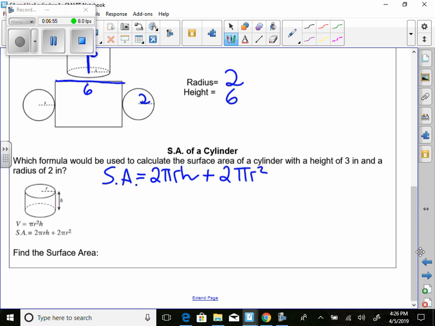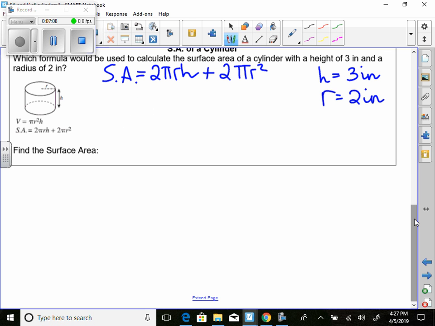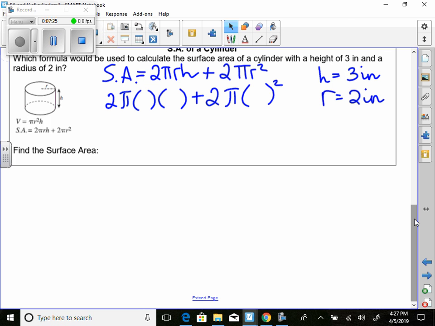So anyhow, the height of our cylinder is 3 inches and the radius is 2 inches. Same exact measurements, we're just looking for surface area now. So the idea is exactly the same as with volume. So we have 2 times pi, then we need to replace the radius and the height with the numbers, plus 2 times pi times the radius raised to the second power.